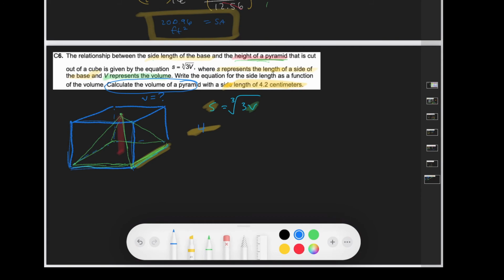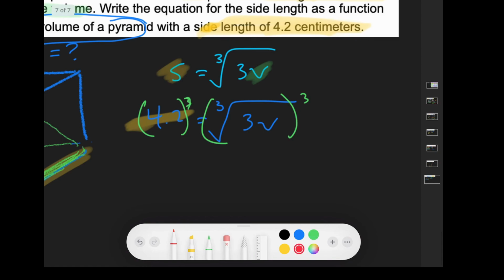So I have 4.2 equals cube root of 3V. Okay, all we're doing here now is solving for V. Using our math skills, we're going to do this to the power of 3 on both sides. This 3 and this 3 with the radical sign cancel or go away. Now I'm left with just 3V equals 4.2 to the third power.